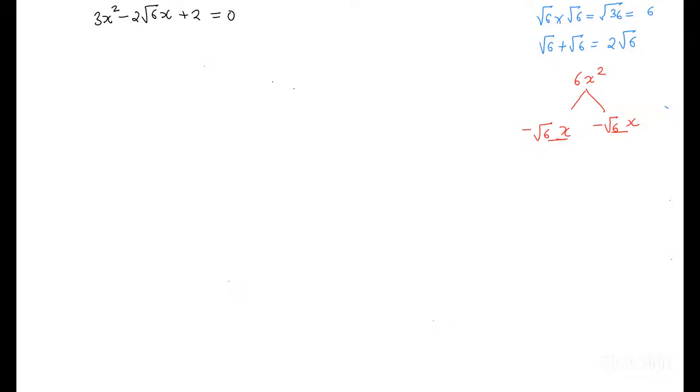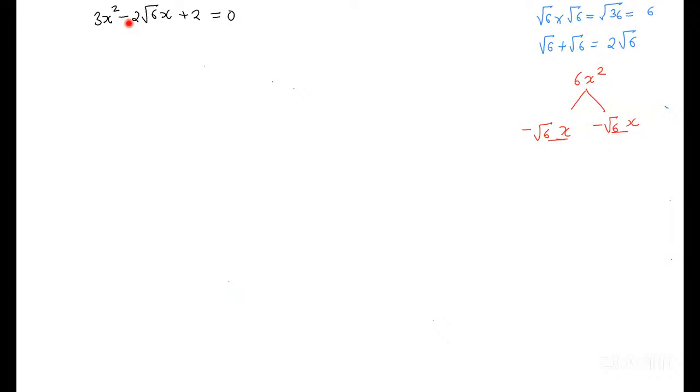I'm repeating again. When you multiply the first and the last terms, it will become 6x square. You need plus 6x square. Now in the middle, root 6 is there, so you should get factors that when multiplied give 6, but when added give minus 2 root 6.